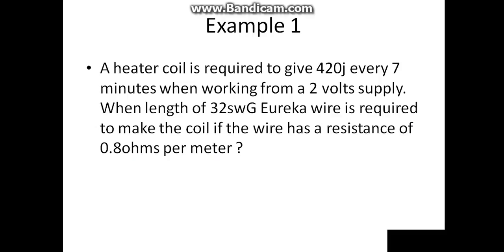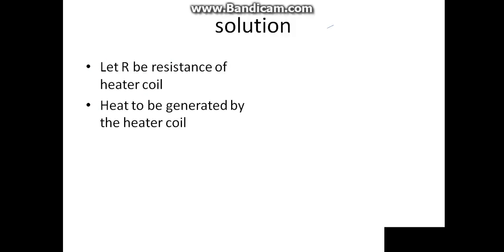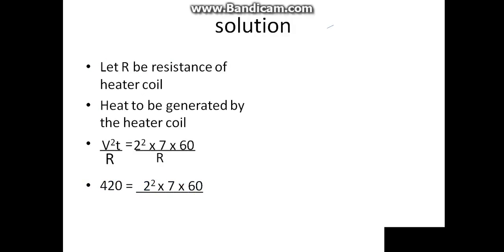Solution. Let capital R be the resistance of the heater coil. Heat to be generated by the heater coil, capital V squared T all over R, is equal to 2 squared times 7 times 60 to convert 7 minutes to seconds, all over R. But the energy is 420, which is equal to 2 squared times 7 times 60 all over R, making R the subject of the formula.